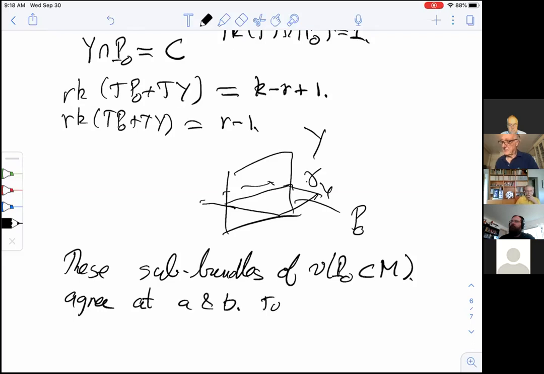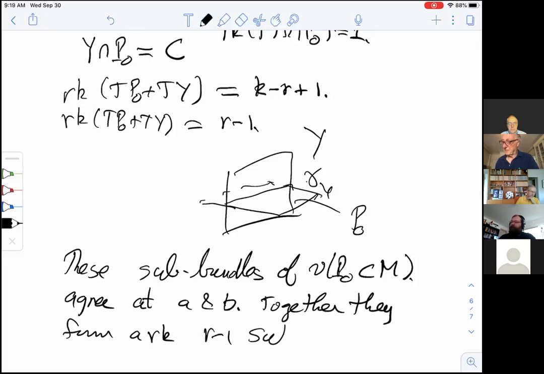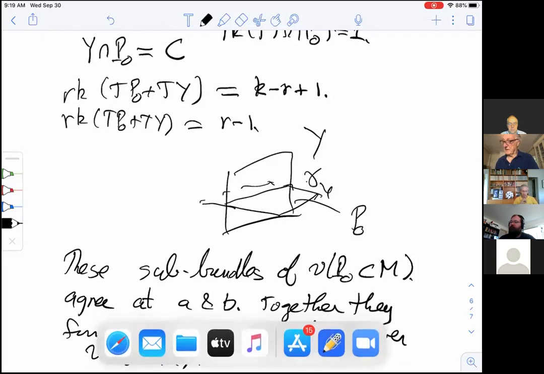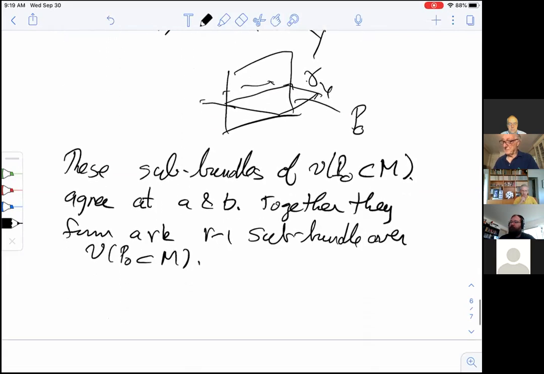So together they form a rank R minus 1 subbundle of the normal bundle, which is of rank K minus 2.